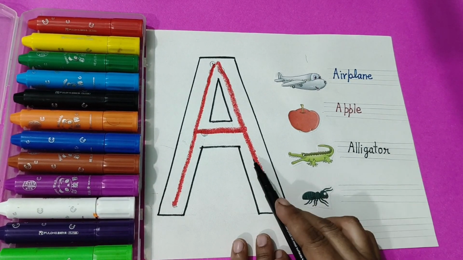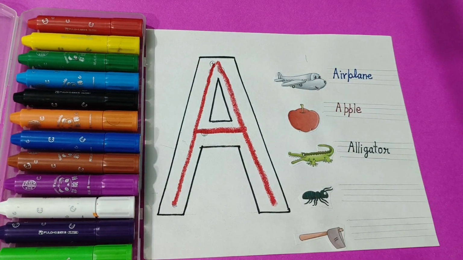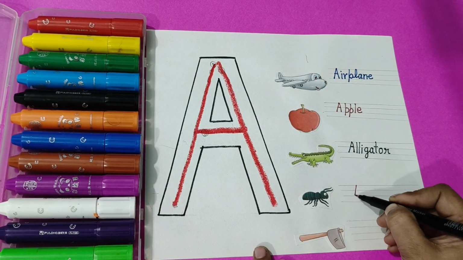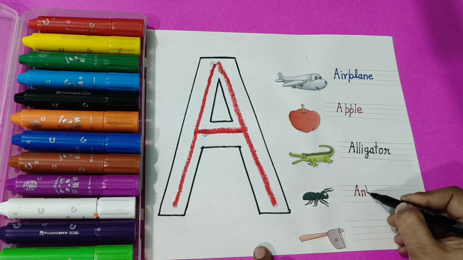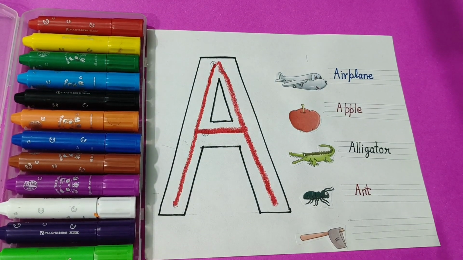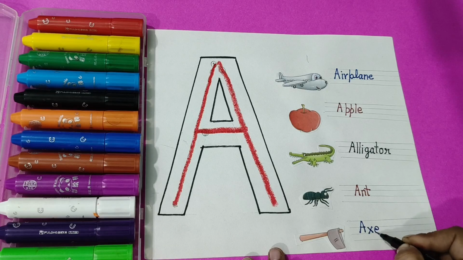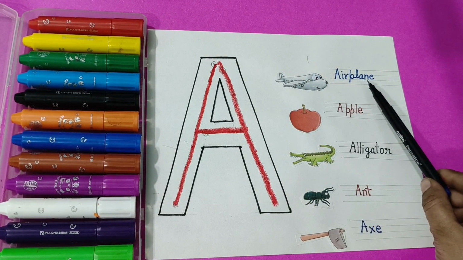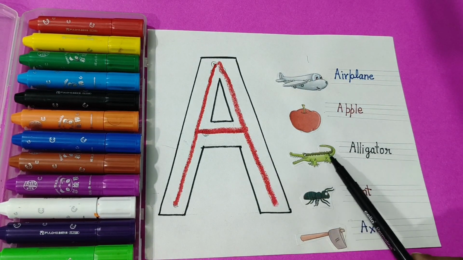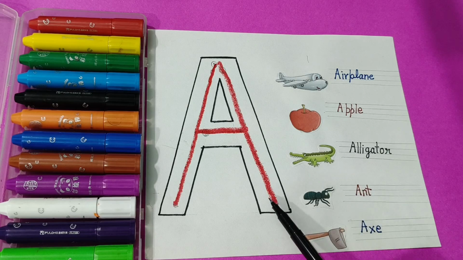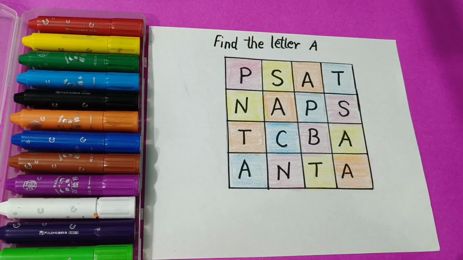A for ant. Ant is small and work hard. A for axe. Airplane, apple, alligator, ant and axe.